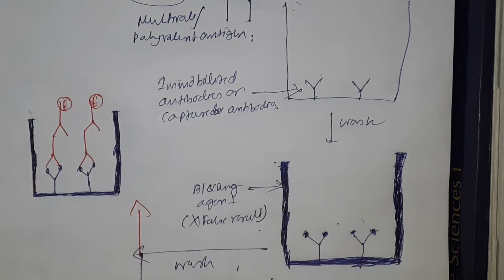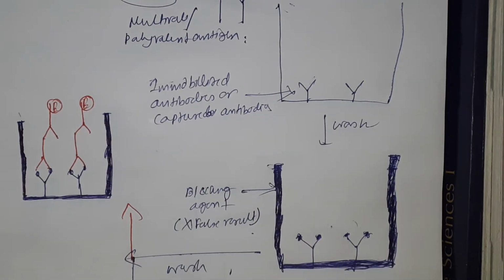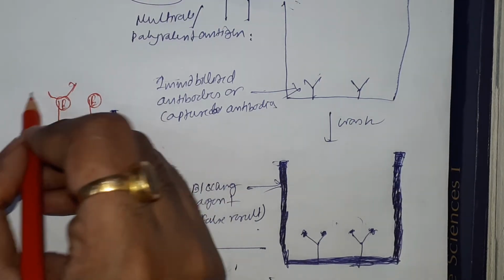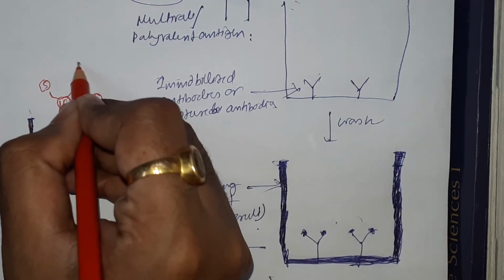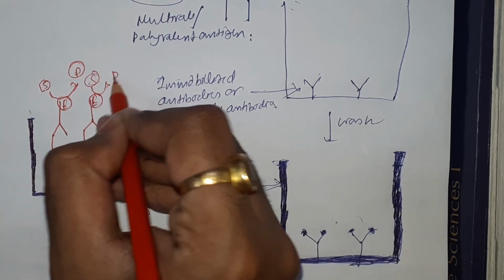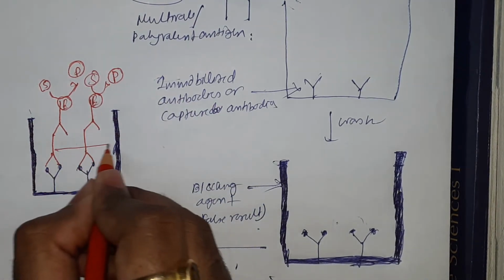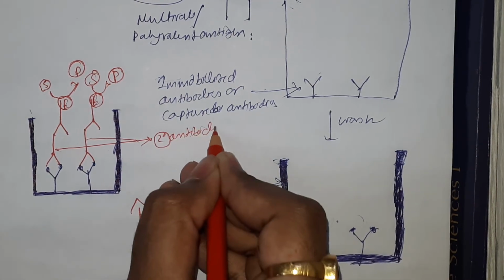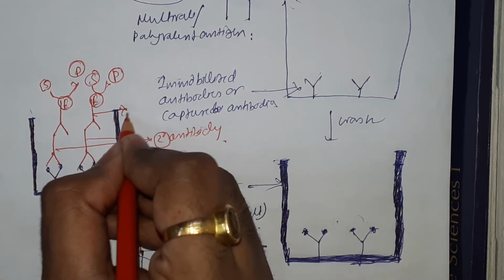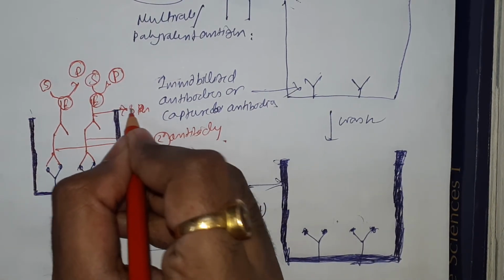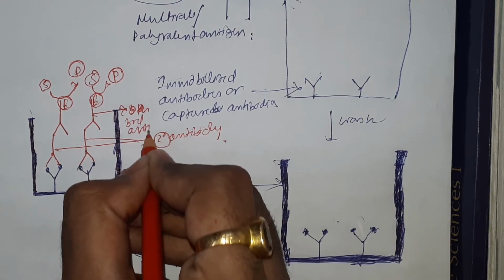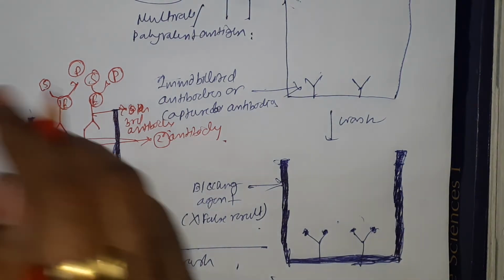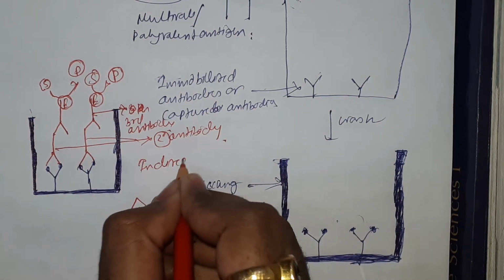So indirect sandwich ELISA is something like this. Here the secondary antibody is not enzyme linked. Instead we use a third antibody. This third antibody will be enzyme linked and it will give a colored product. So that is what indirect sandwich ELISA is.